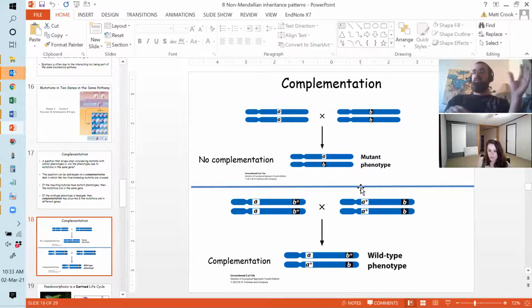In one mutant you'll have homozygous recessive for one gene, and the rest will be normal, so for the second gene you'll have wild type dominant alleles, and it'll be the other way around for the other mutant. When you cross those together, you're going to get heterozygotes for both. And so you'll see function, and then you'll have the wild type phenotype.